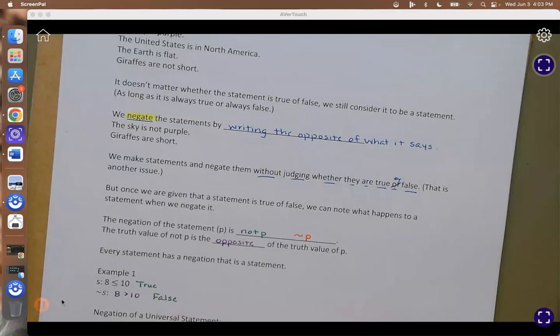Now the negation of a universal statement only needs one counterexample. Also, the negation of a universal statement is an existential statement.